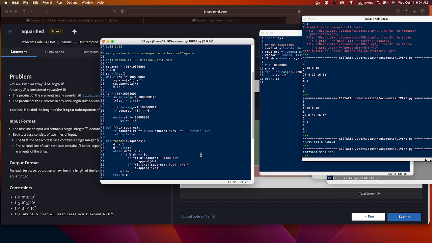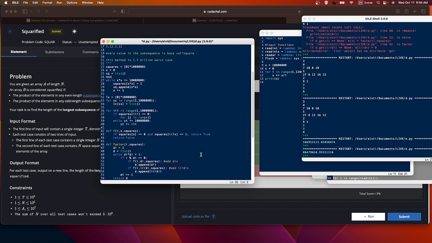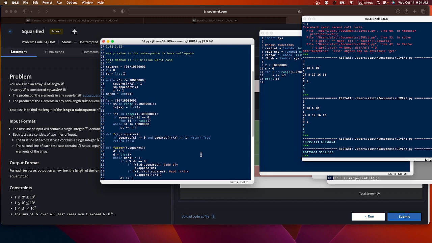So it's not the base. Yeah, there are some really intriguing pre-processing challenges.